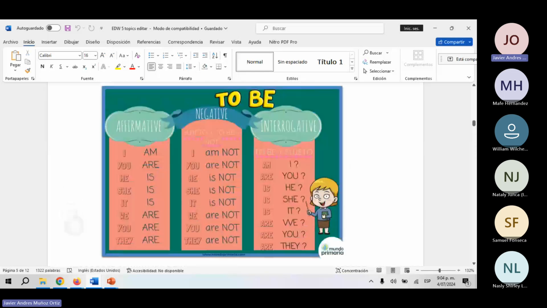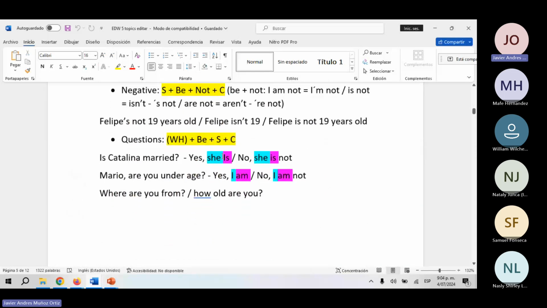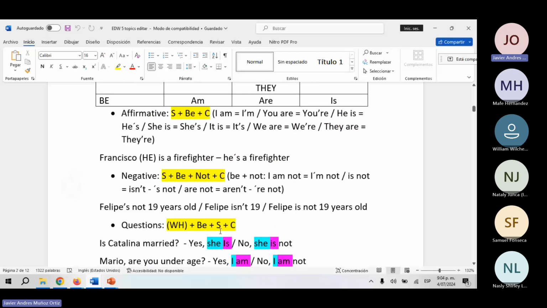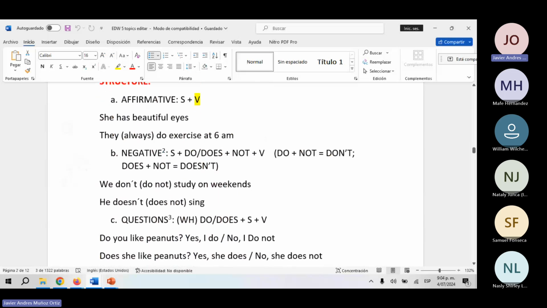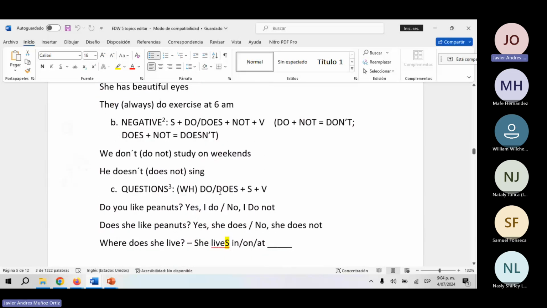Finally, remember that with verb to be, we used to do a change in the order of the words. First verb to be and then the subject, taking into account the affirmative sentence. With simple present tense, we are going to do something very similar, because now the auxiliary verb is going to begin the question.